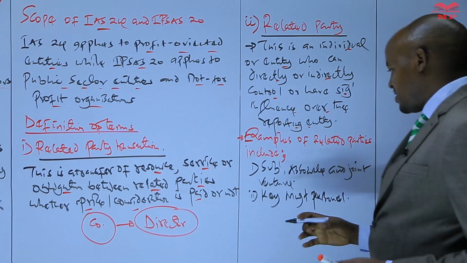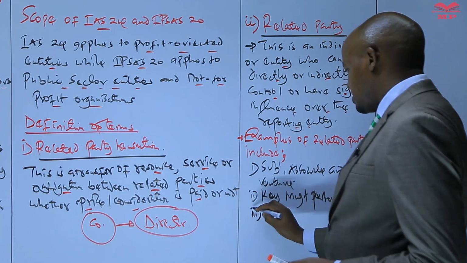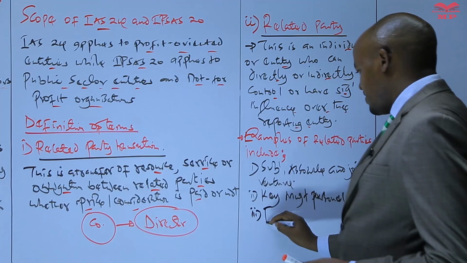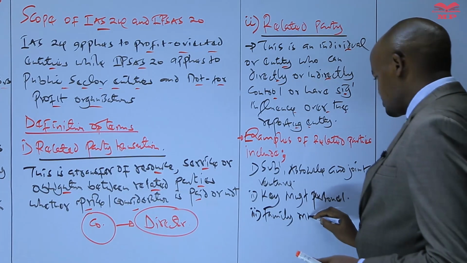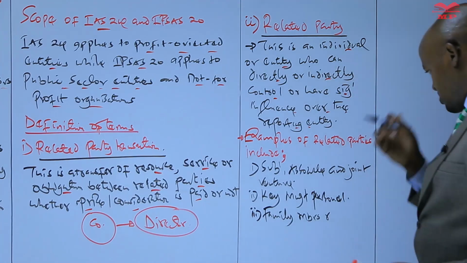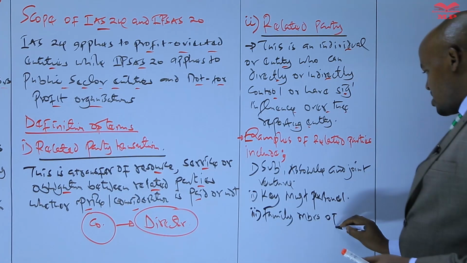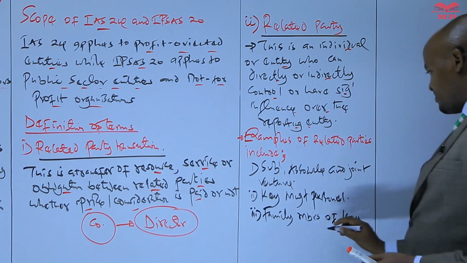So number three, we can say family members of key management personnel.